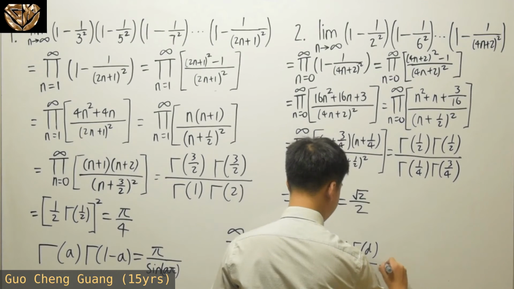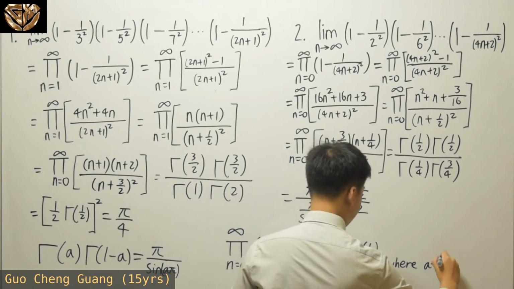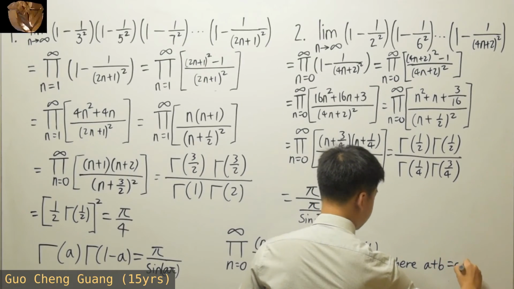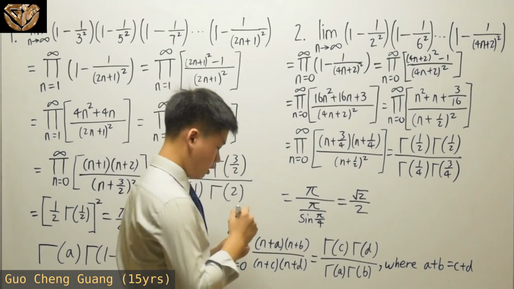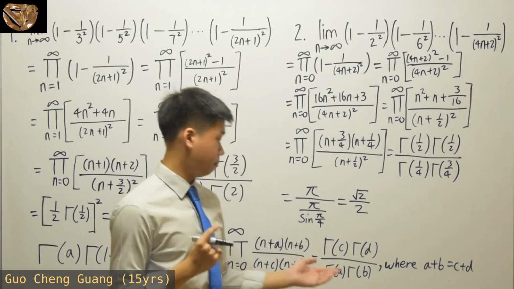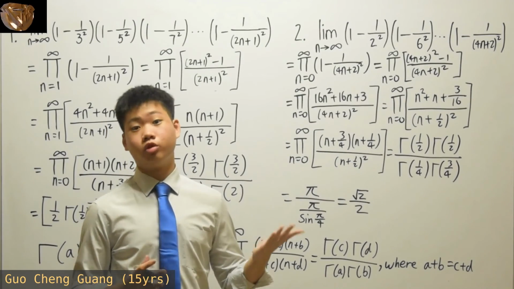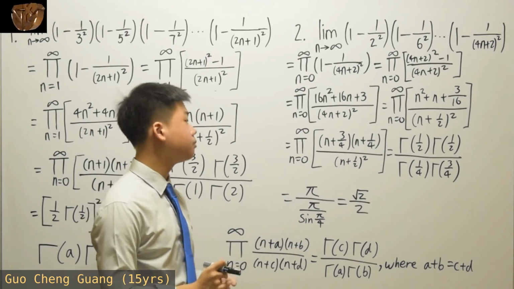But there is a condition: a plus b is equal to c plus d. These are the two important things that we have used. But why do they work? You have to stay tuned for future lessons where we actually prove it.